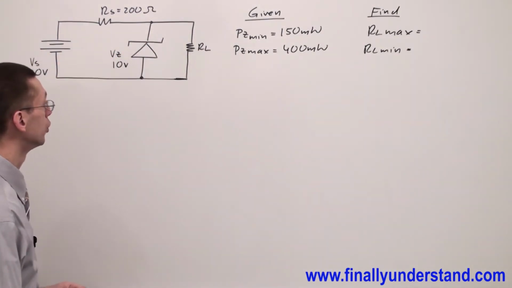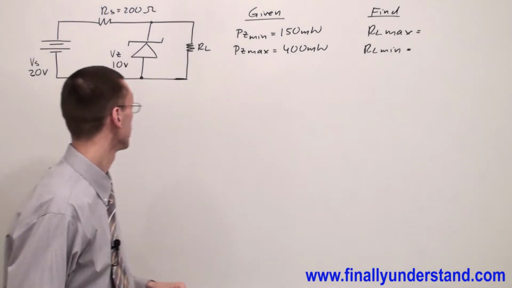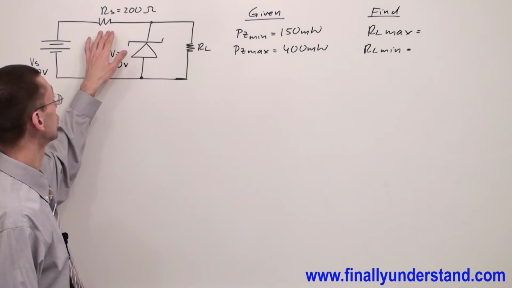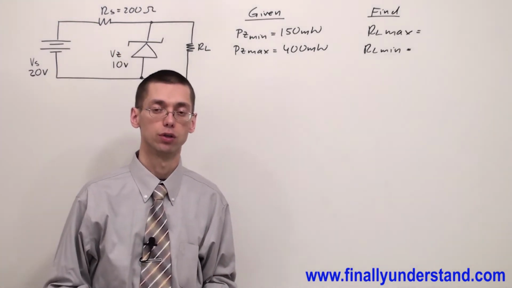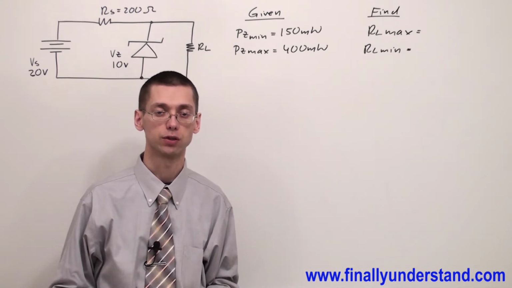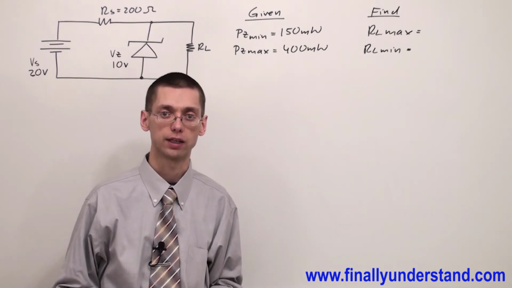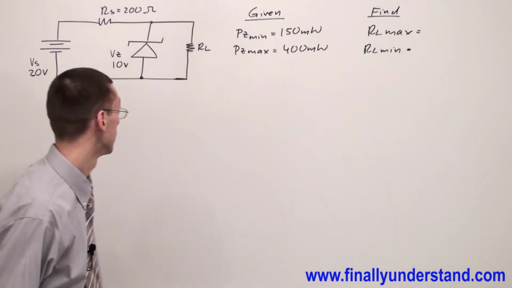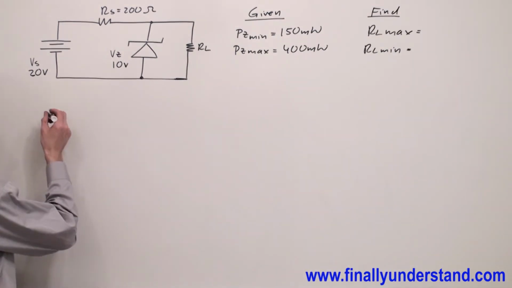I'm going to start solving this problem by finding the voltage across resistor RS. Someone is going to ask why I start from voltage VRS. Because this voltage is going to help me find the total current in the circuit, current IS, and IS is basically the key to solving the whole problem.